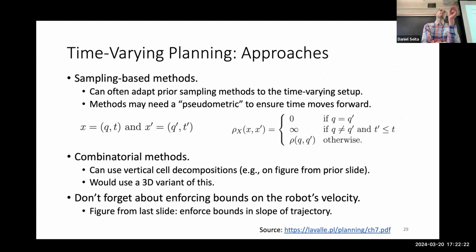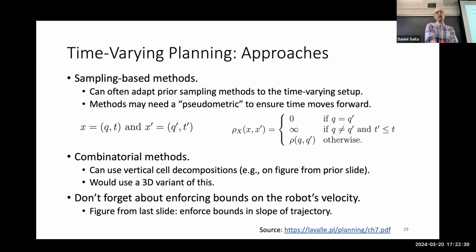Because if you think about it, your samples are still going to be just sampled points. So you can try to sample them and then try to connect one point to another, and you don't connect them if there's a collision between them.